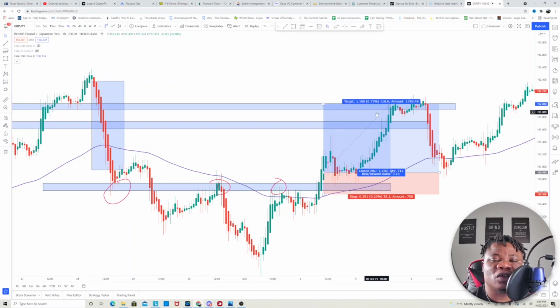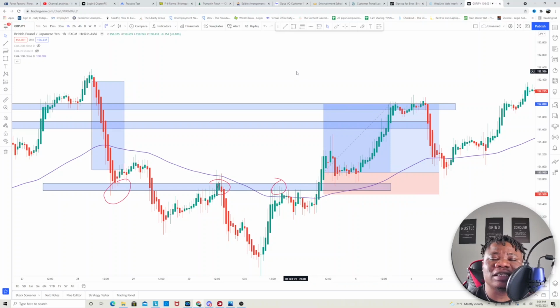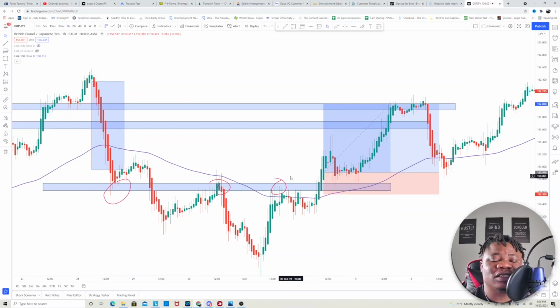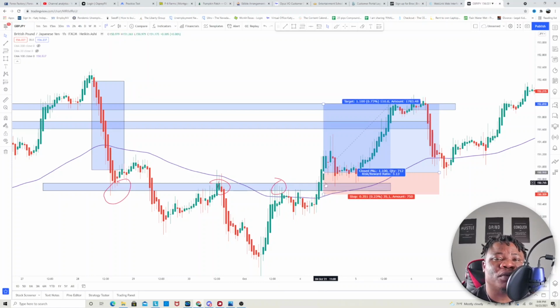So this is exactly how you use this strategy to take a buy position. You have to make sure that price is above the 100 EMA and price breaks and closes above your resistance zone. And for the Heikin Ashi candle, you have to make sure there is no wick at the bottom when you're trying to take a buy position.